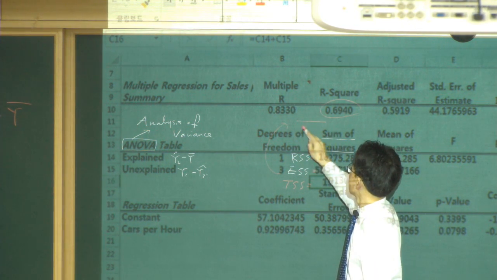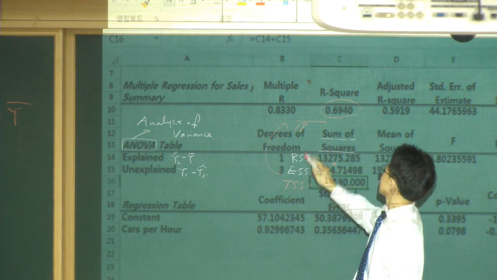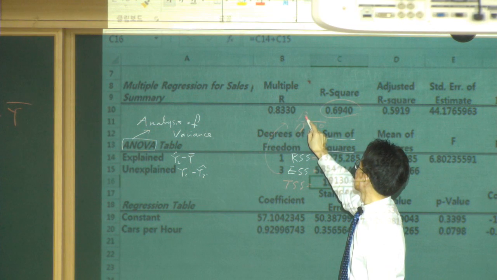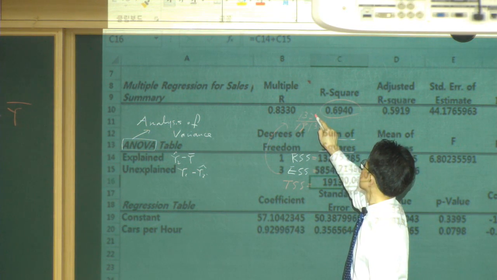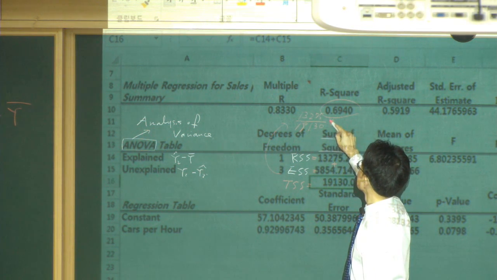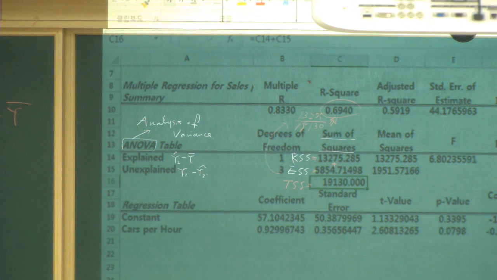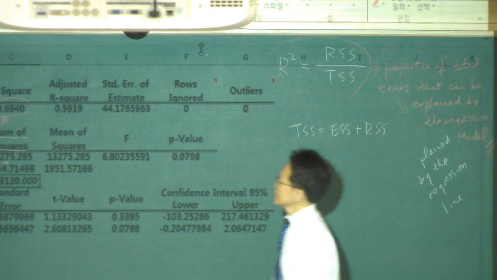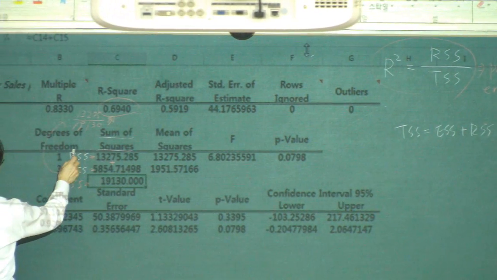TSS is 19,130 and RSS is 13,275. And then you will have this R square. Another concept we should consider is the degree of freedom.